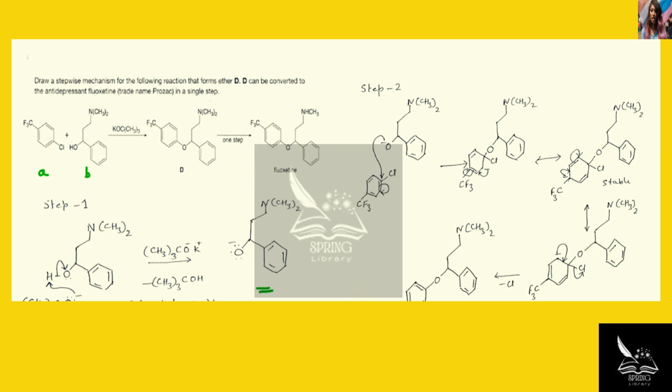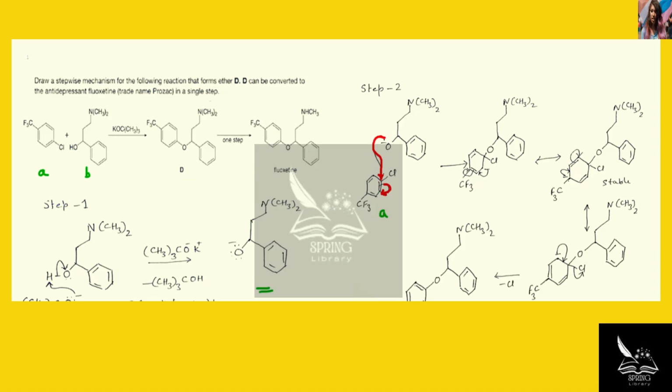So this anion is the starting material for step 2, where the attack on A is taking place. So the A compound is here, and here the negative charge of B at the oxygen is forming the bond at this carbon atom, and chlorine is adjacent to it, and when this is coming over here, this double bond will not be here and it is forming the charge here.